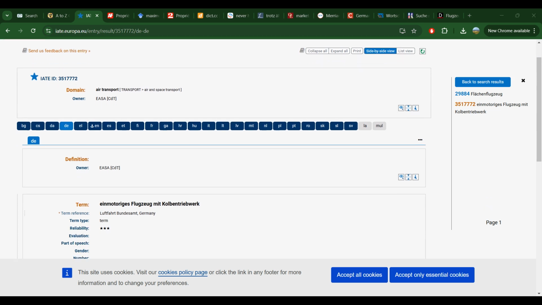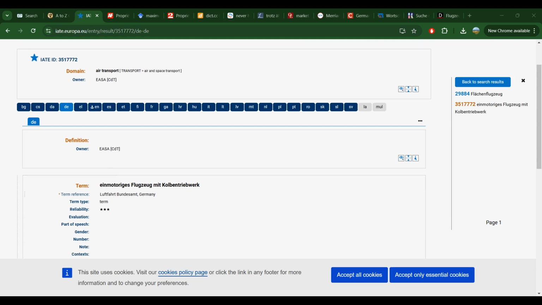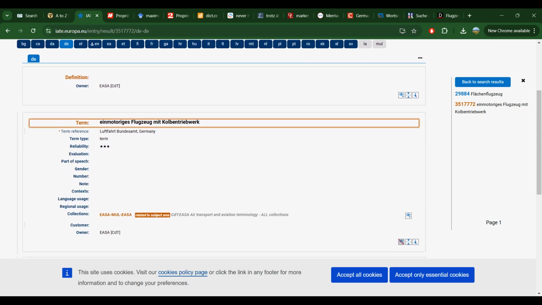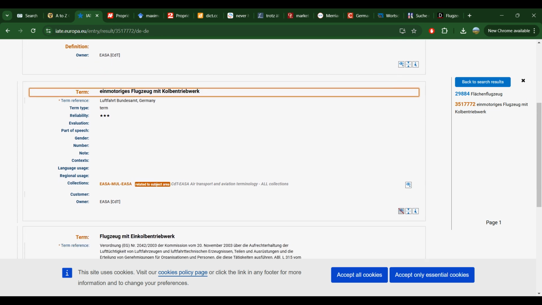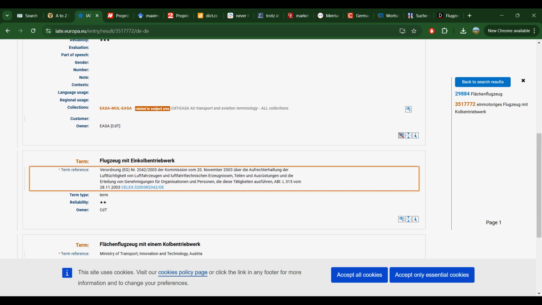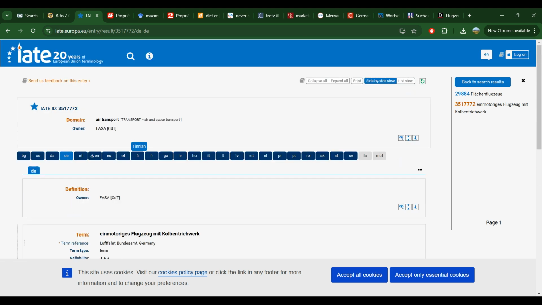If we keep with the air travel example, air transport, you have very specific terms like single engine airplane, and it tells you in which directive it is from the commission, what date it is. So this is an extremely detailed terminology bank that you can use.